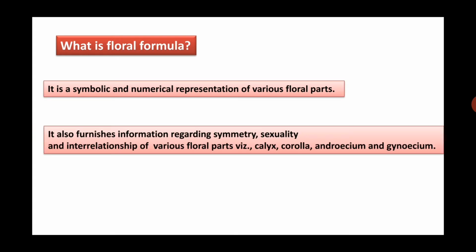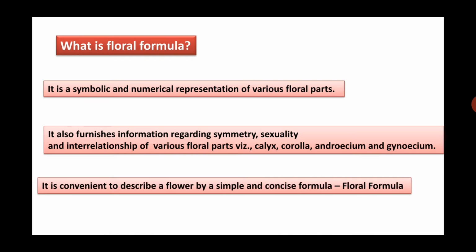It also furnishes information regarding symmetry, sexuality and interrelationship of various floral parts, namely calyx, corolla, androecium and gynoecium. So floral formula gives us information regarding symmetry of the flower, that is whether the flower is having radial symmetry or bilateral symmetry, sexuality of the flower, that means whether the flower is male, female or bisexual, and interrelationships, that means cohesion and adhesion between the floral parts.